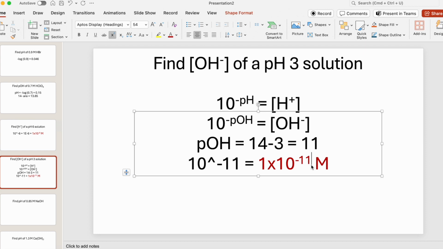H times OH equals 1 times 10 to the negative 14th. So that's another way you can do it. Get this first and then do the division, but I think this way is easier. Do the subtraction. And again, when you have a low pH, it means you're acidic. When you're 7, you're neutral, and when you're high, above 7, you're basic.